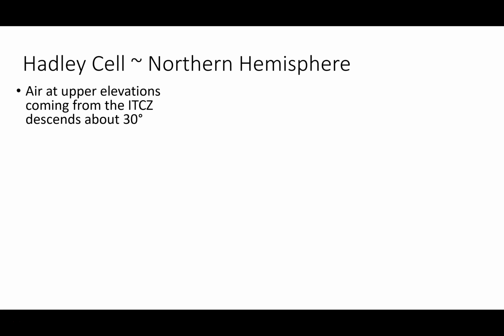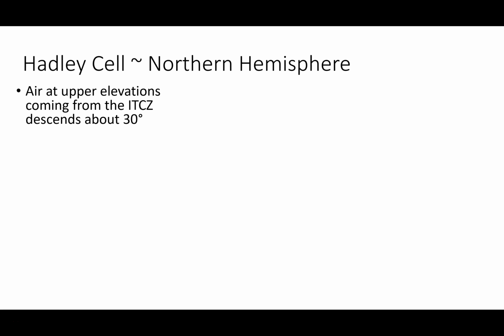So, air at the upper elevations, and I think the video talked about this. The way I look at it is, when the ring of air, okay, my hot spot would be around my equator.